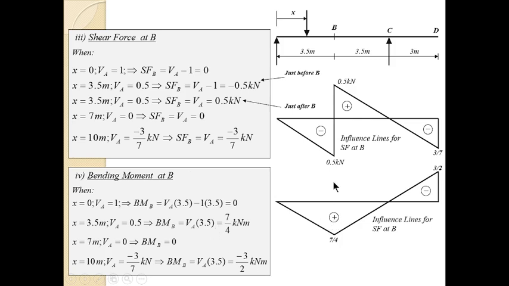Where will we place the 35 kilonewton load in the bending moment diagram that will give us the maximum bending moment? So where do we have the maximum coordinate? 3 over 2 and 7 over 4. 7 over 4 is greater than 1. So we are going to place the load here, when x equals 3.5, that is at point B. So if we do that, what is the coordinate there? 7 over 4.